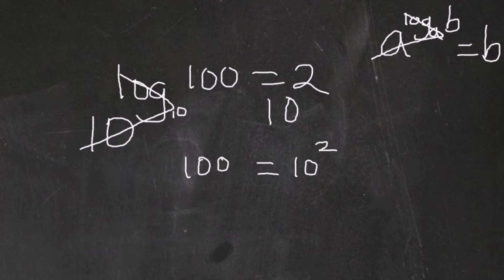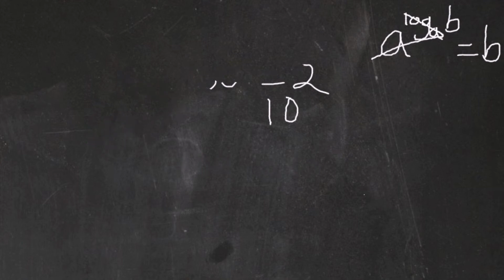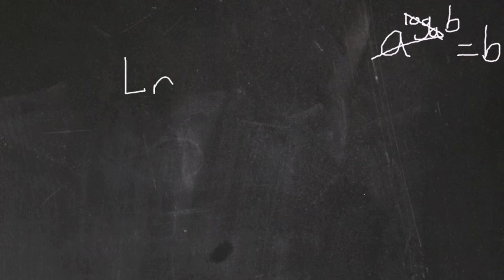Now there's a special case. This special case involves natural log. Natural log is ln. So let's say I had natural log of 2 equals x, and you were asked to change this logarithmic expression into an exponential expression.